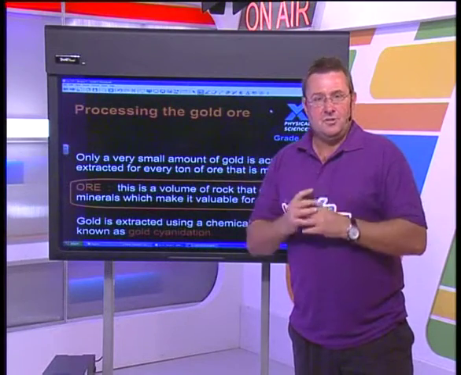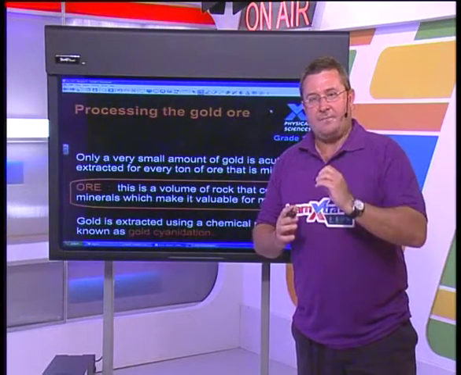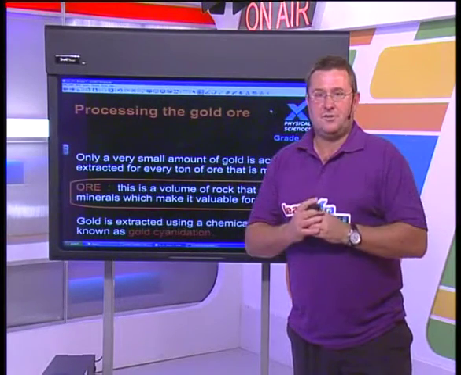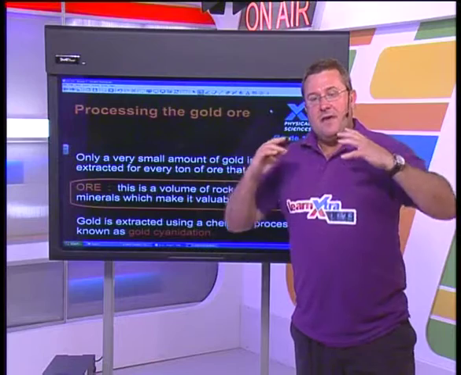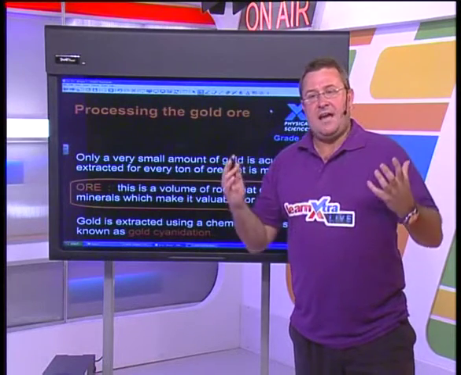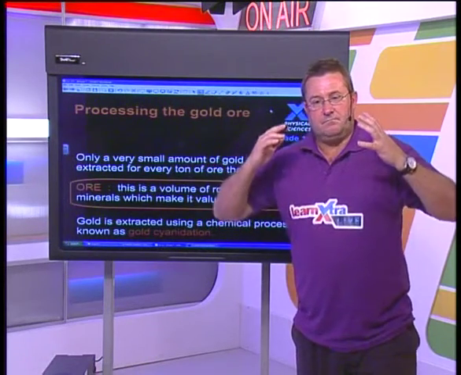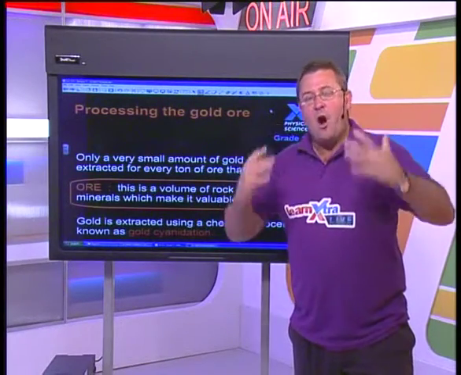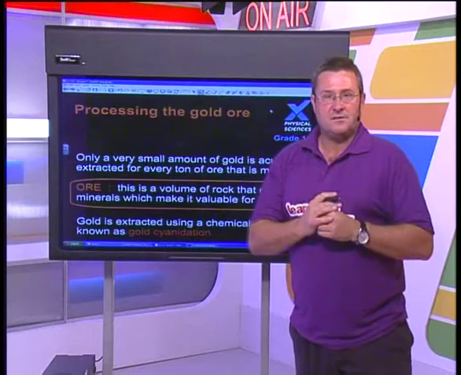There were lots of uses for it. Gold is rare. Plus, gold has also got a very beautiful look to it, and therefore gold has been used as currency, as jewelry, as a mark of wealth for thousands and thousands of years.